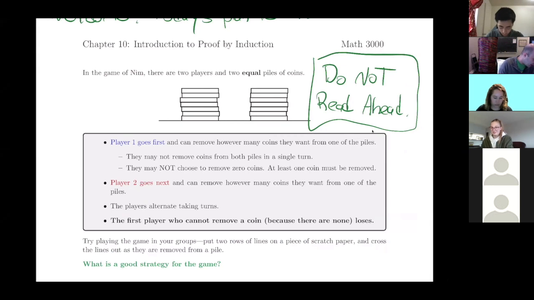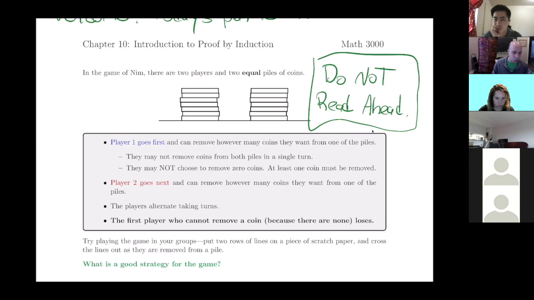So the idea is you've got two piles of coins, or whatever the object might be, and you've got two people, and each person is allowed to remove however many coins they want from one of the piles. The person who takes the last coin is the winner.